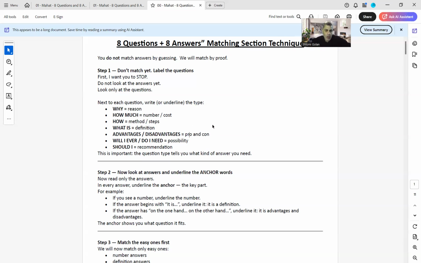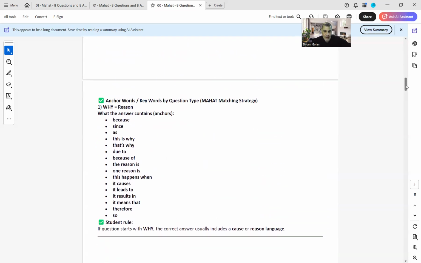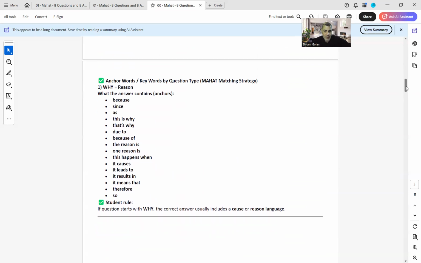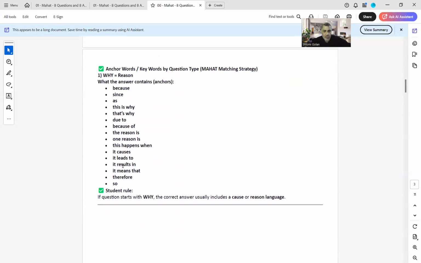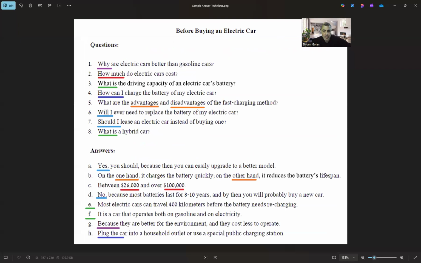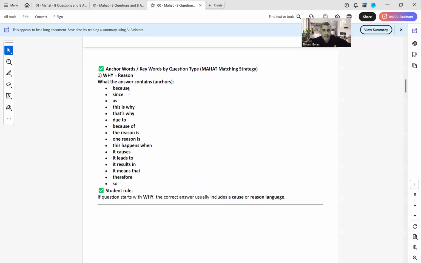Once you do this, at the end of this document, which I will provide you as well, you have additional words that you want to look for. So if, for example, we have a why question, just like we have here, the type of answers that we should look for will be, well, because, since, as, and so forth.